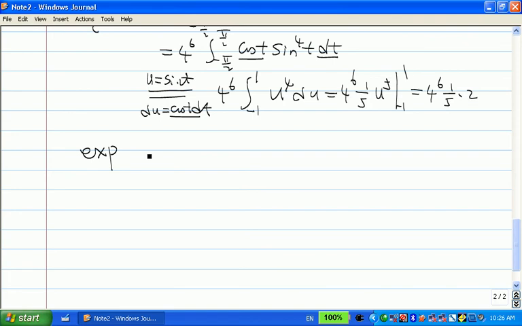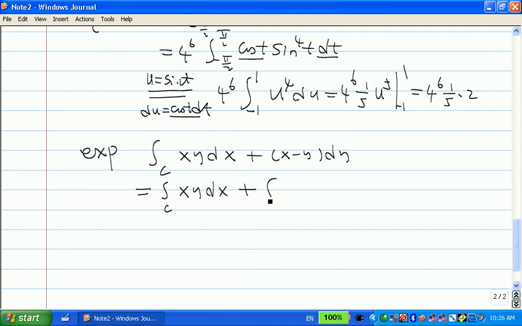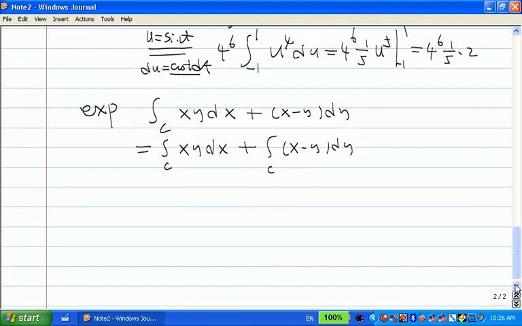Example 2, we want to integrate a second kind of integral, a line integral. Okay, this really is a 2 integral. Okay, this really means this. Okay, what's the C here?